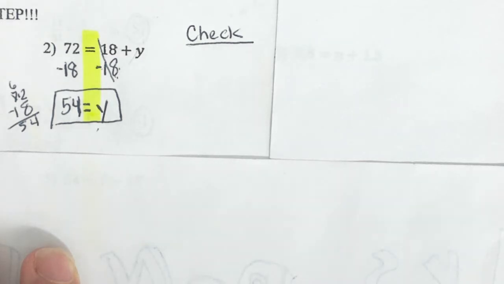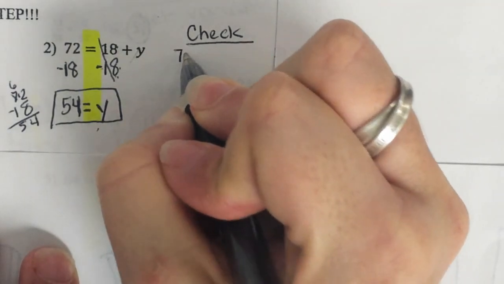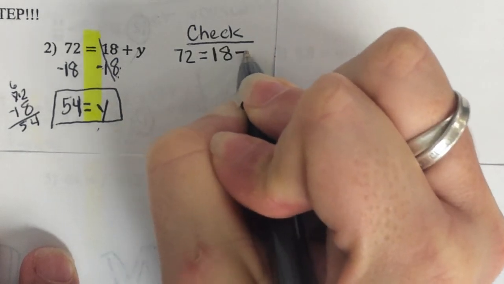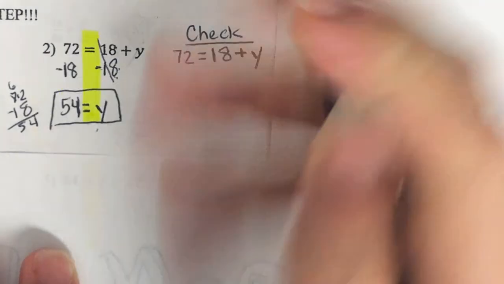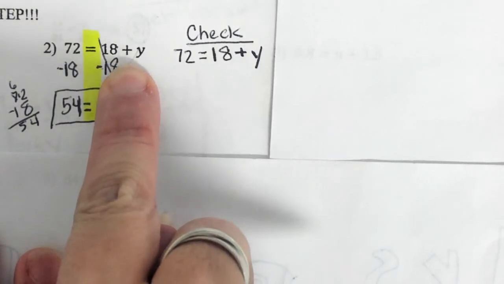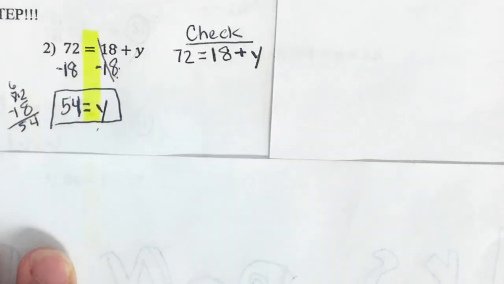Okay, step 1 is we're going to write the problem. Again, the same problem. Meaning 72 equals 18 plus y. I am literally just copying that math problem right there. That equation. Okay.